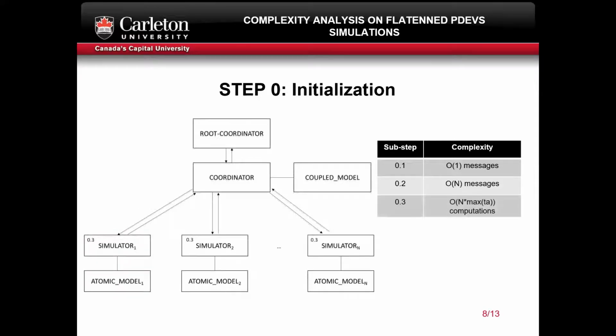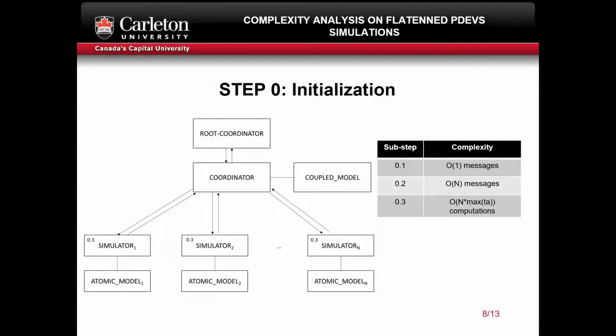And following this, we did a complete analysis of how many messages and computations. For example, in substep 0.3, what each one of the simulators must do is perform their time advance function. It's important to know that these time advance functions, when we run simulators, are defined by the users, right?